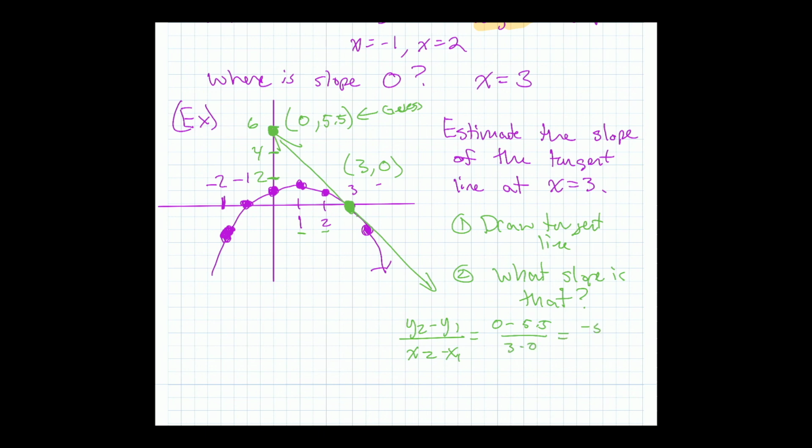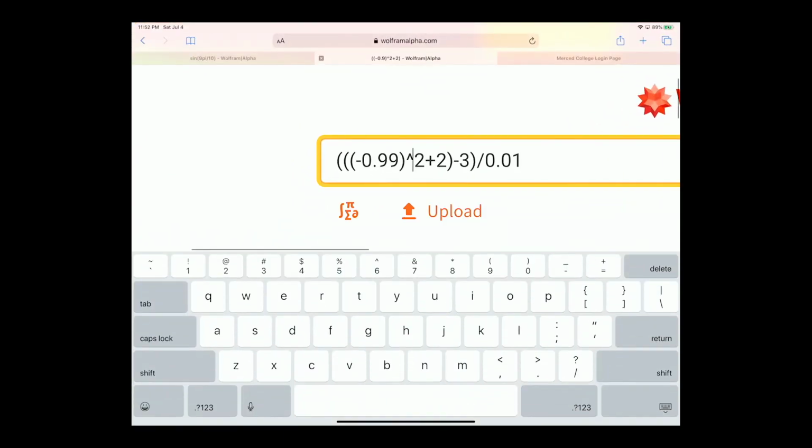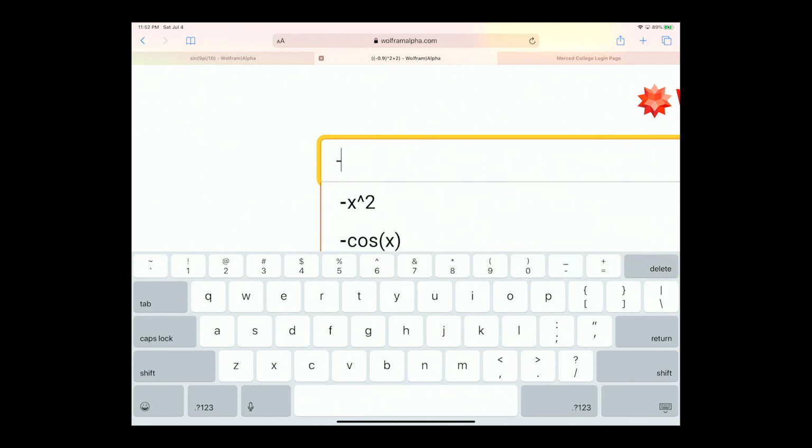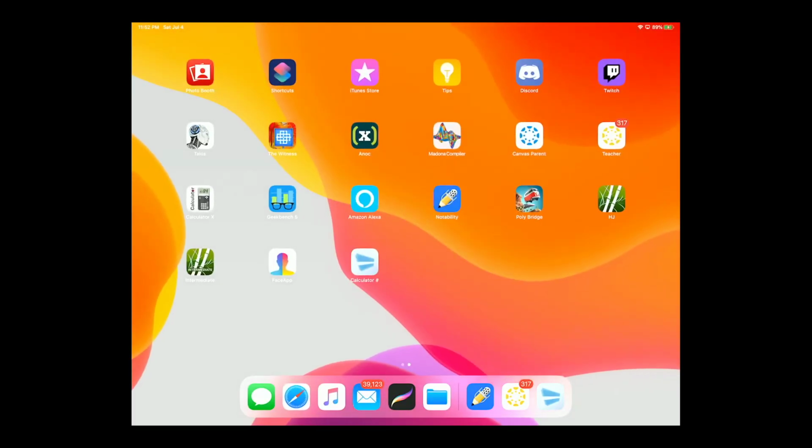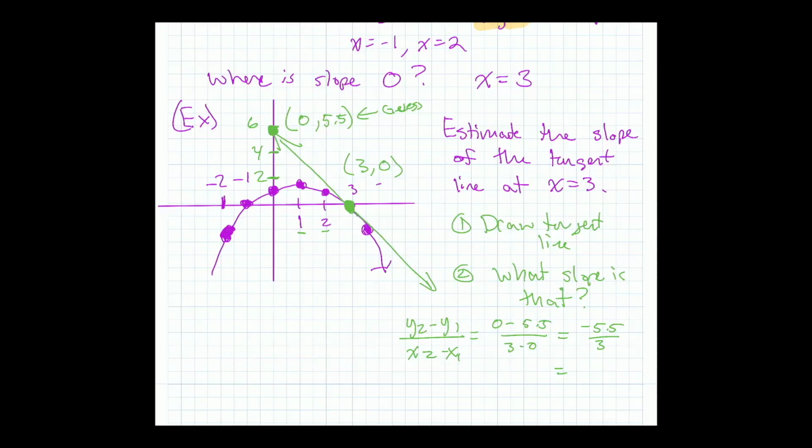So it's negative 5.5 over 3, which is negative 1.83. And that's just an approximation of it.